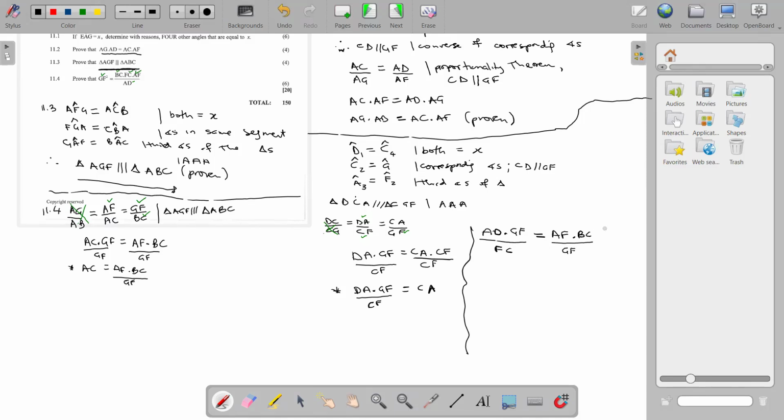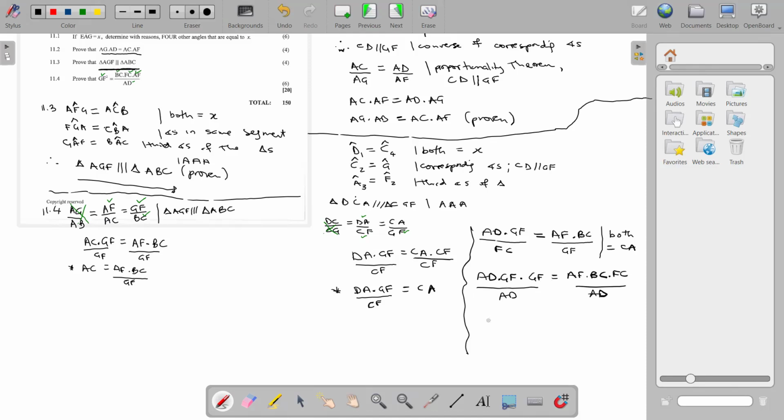Why are we saying these two are equal? Because both are equal to CA. Let's cross multiply, so our AD times our GF is equal to AF times our BC times our FC. Then we divide both sides by AD. Therefore, this and this will cancel out.